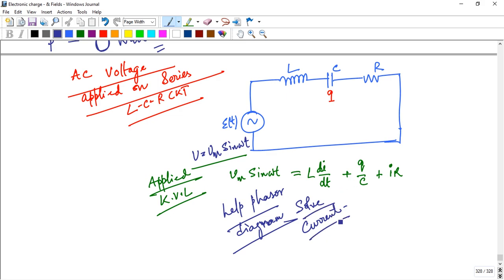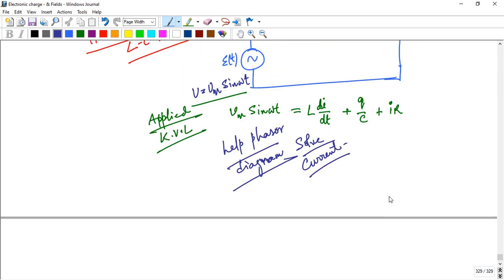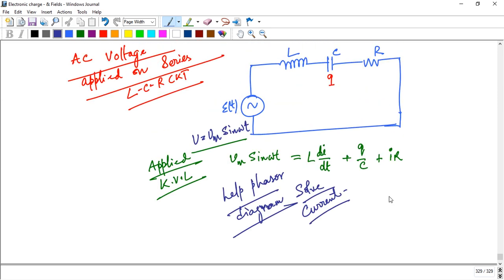Because with the phasor diagram you can solve this easily. You can also solve it analytically or graphically, there are many methods, but I choose the phasor because it is easy to solve. With the help of the phasor diagram, we derive the current expression here.